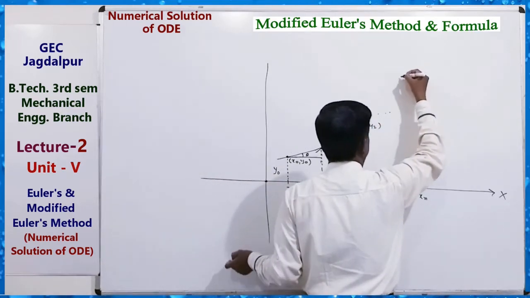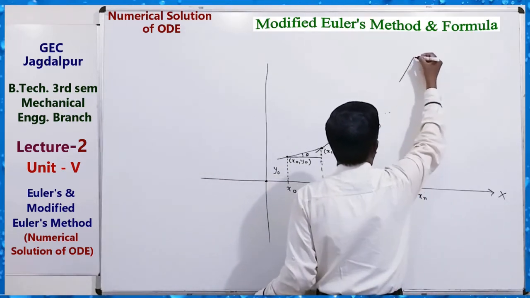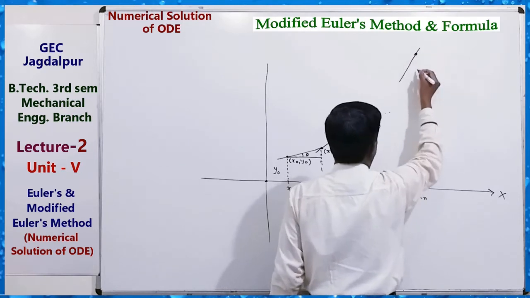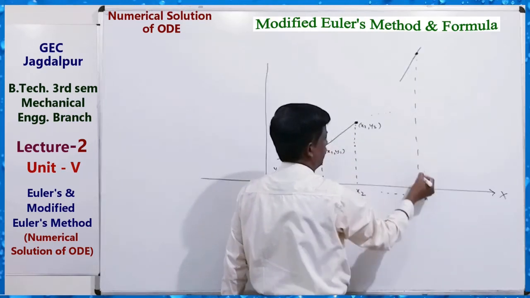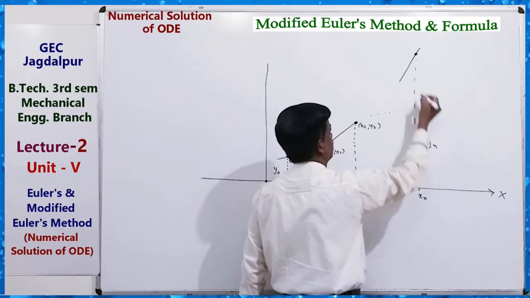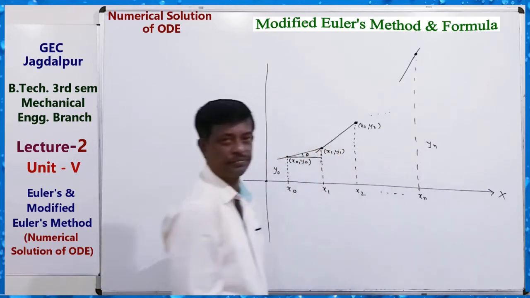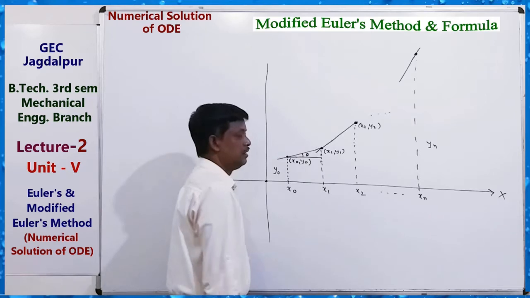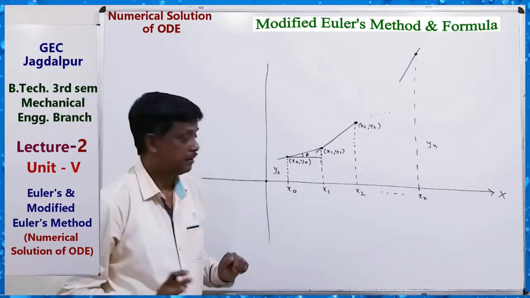We finally have to get a point like this here. This is the value of y1. Clear? This is Euler's method.